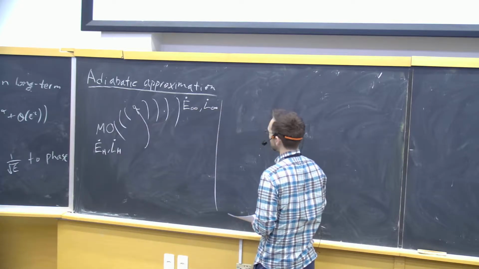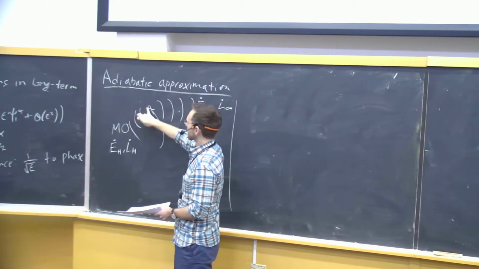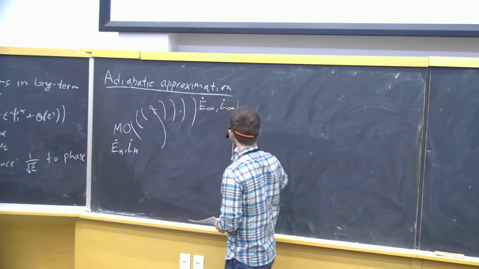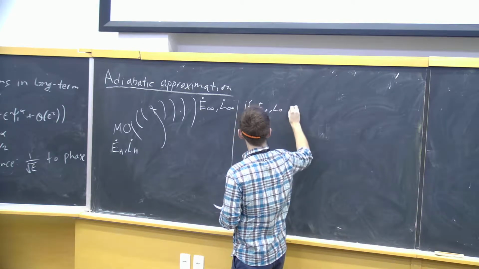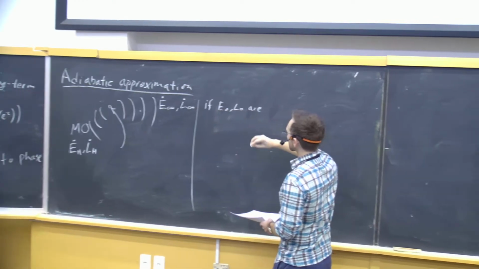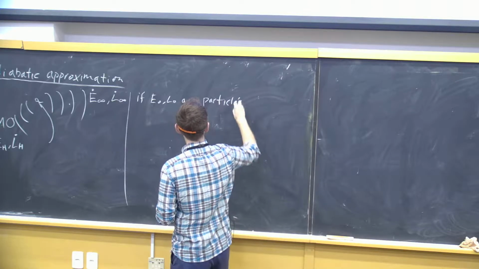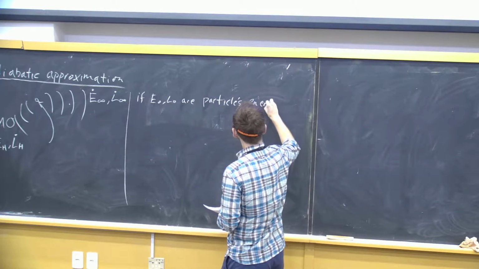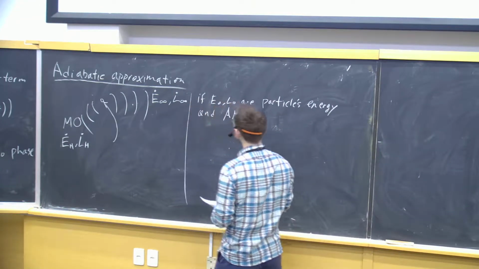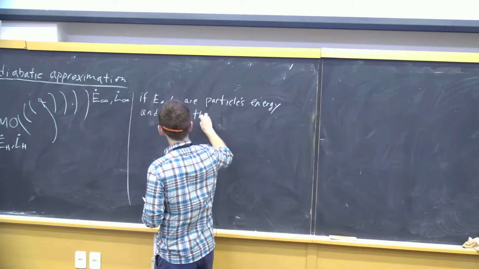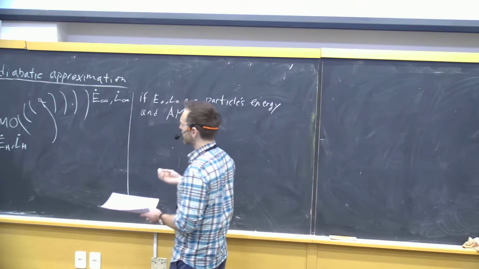And the basic idea is that this lost energy has to be coming from the kinetic energy of the particle. So if E0 and L0 are the particle's energy and angular momentum, then you have balance laws, just saying that energy and angular momentum are conserved.